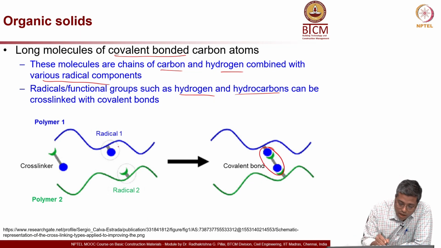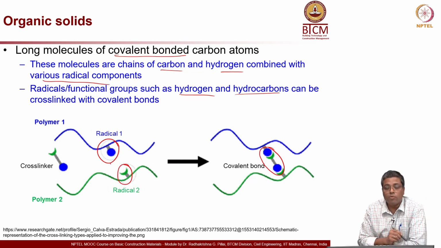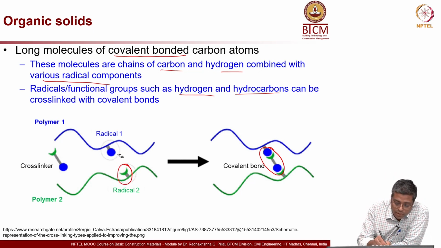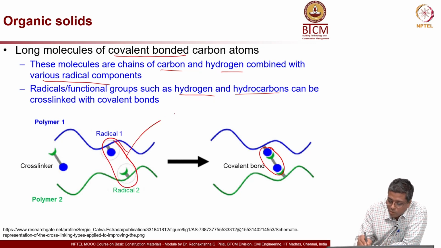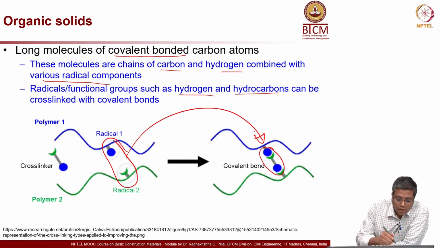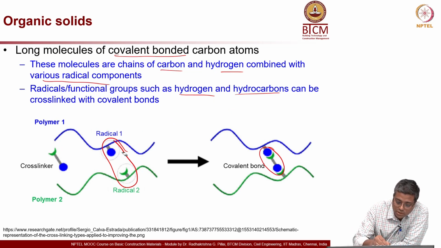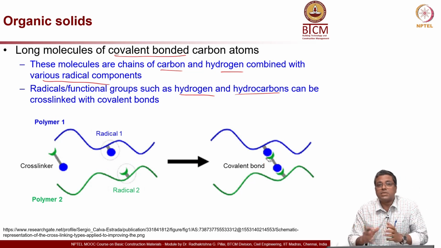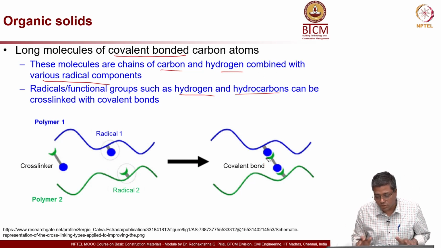You have a radical on radical 1 or radical 2, or functional group 1 and 2, and that will combine to form a covalent bond, as you see here in the second case. Now, we can call this also a cross linker. This presence of these cross links changes the behavior of the material. In the future slides you will see how important these cross links are.